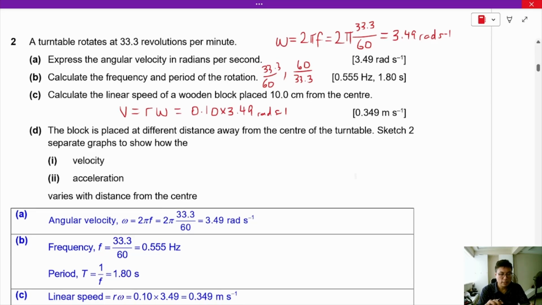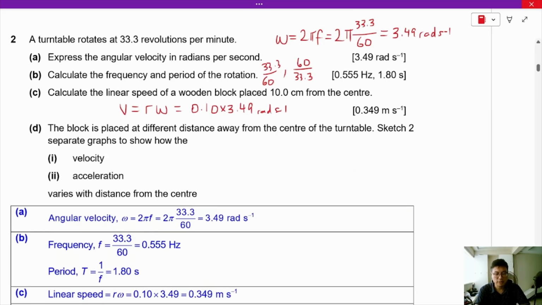Now the block is placed at a distance away from the center of the turntable. Sketch two separate graphs to show how the velocity and acceleration vary with distance from the center. The first thing I'm going to do is draw v against r.